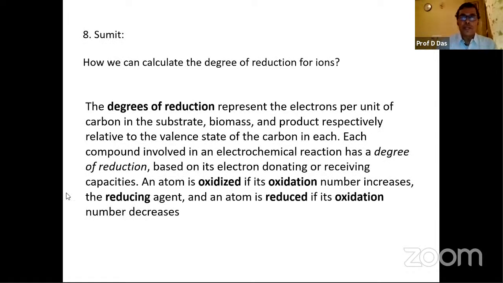So degree of reduction represents, as I have written here, the electrons per unit carbon of the substrate, biomass, and product respectively, relative to the valence state of carbon. Each compound involved in the electrochemical reactions has a degree of reduction based on its electron donating and receiving capacity. As for example, oxygen cannot donate electrons, because if you look at the outermost orbit of oxygen, 6 electrons are present.